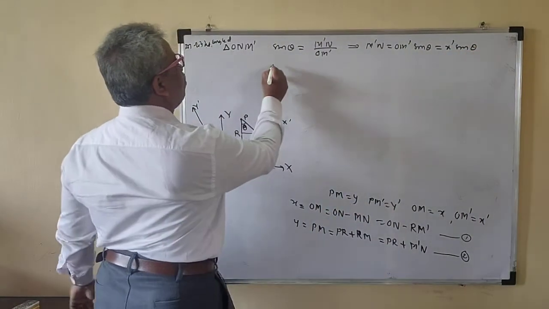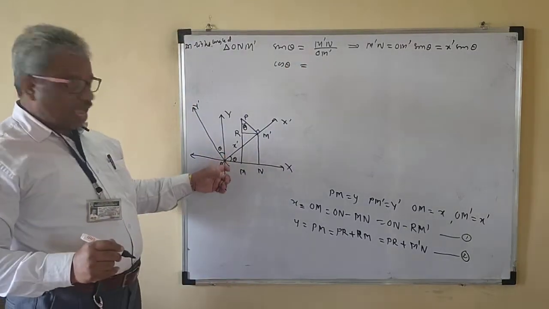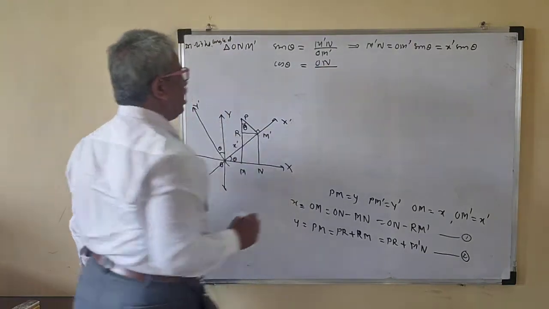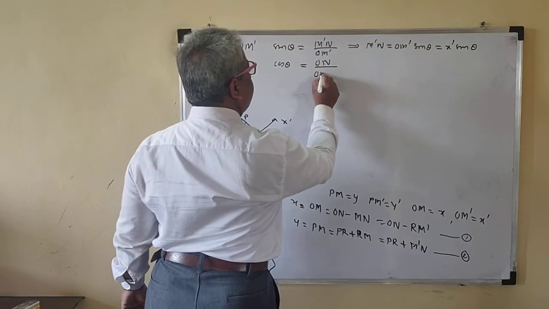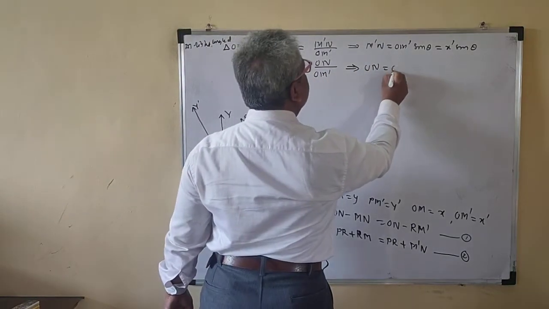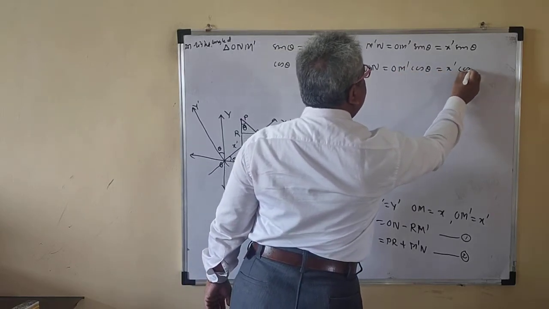Now we'll find cos theta. What is cos theta? Adjacent side is your ON upon hypotenuse, that is OM prime. This implies that ON is equal to OM prime cos theta, that is x prime cos theta.